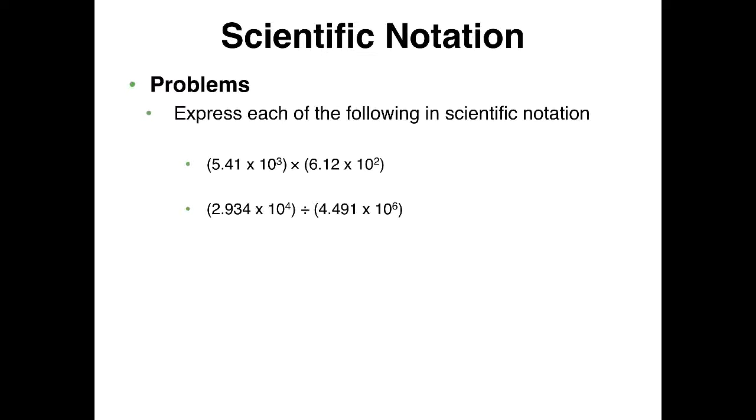Now when you divide, you subtract the exponents. So 2.934 divided by 4.491.